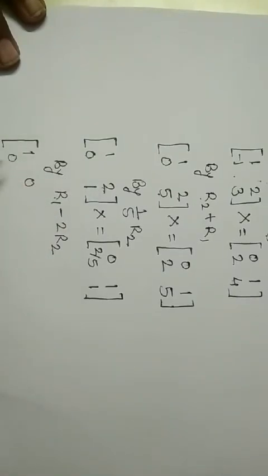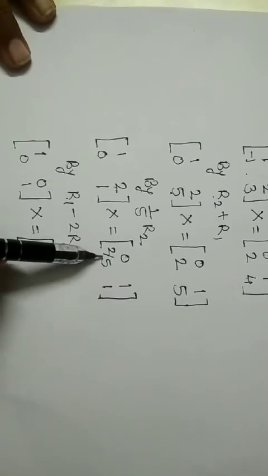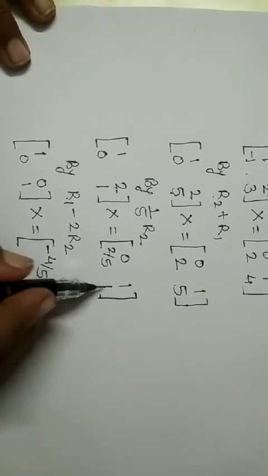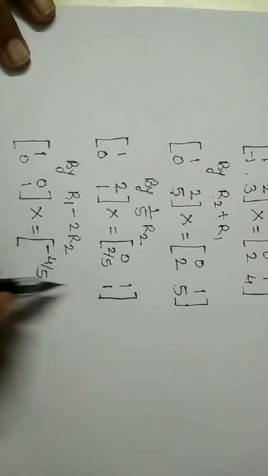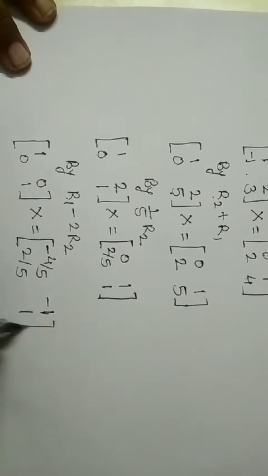Second row as it is, 0 1, into X is equal to. There is a change in the first row. So here we get 0 minus 2 into 2 by 5, it is minus 4 upon 5. 1 minus 2 is minus 1. Second row as it is, 2 by 5, 1.